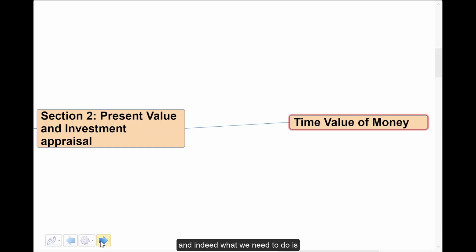And indeed, what we need to do is obviously to use a technique. So to use discount tables, depending upon the year and depending, of course, upon the cost of capital. Now, let's be aware that the choice of the discount factor is very, very important, particularly, for example, in the area of NPV.